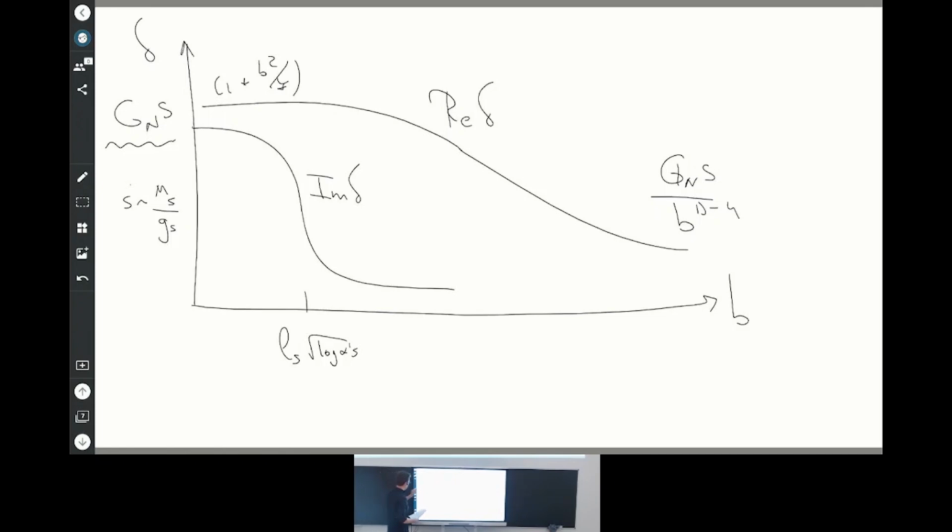G Newton is proportional to G string squared, and so when S is MS over G string squared, you cancel G string and you get something of order 1. That's a first simple lesson. Is it clear?